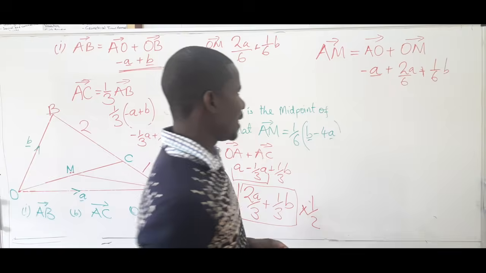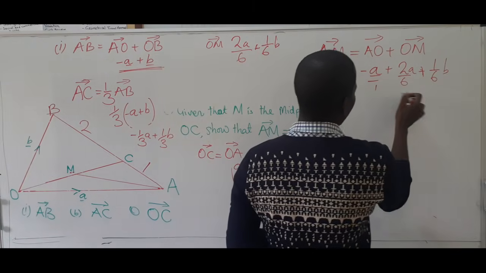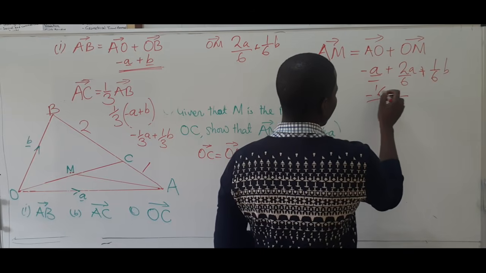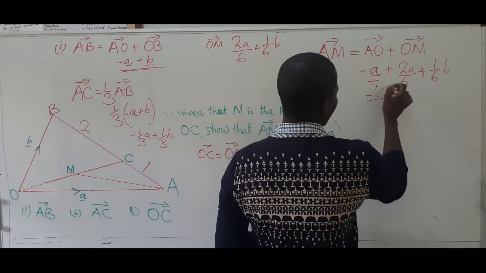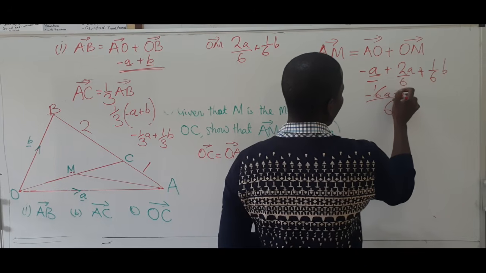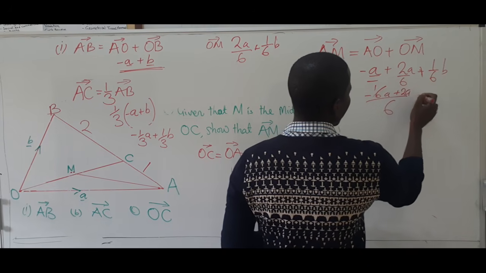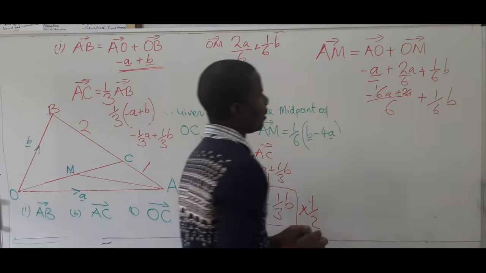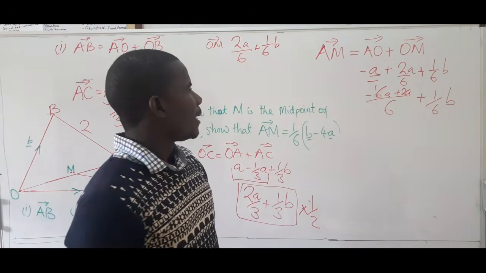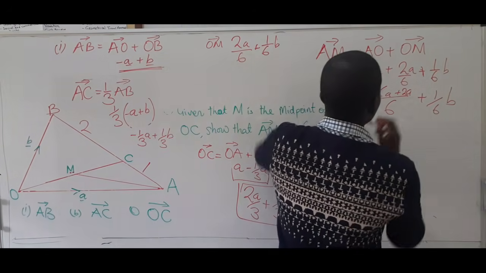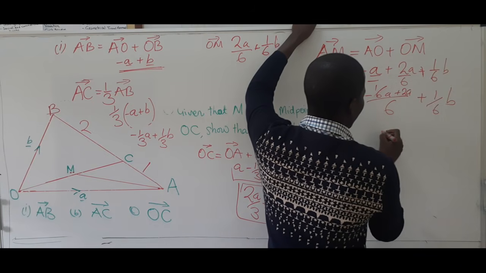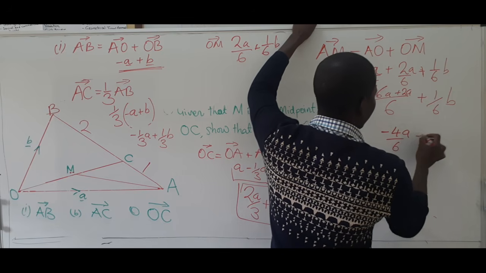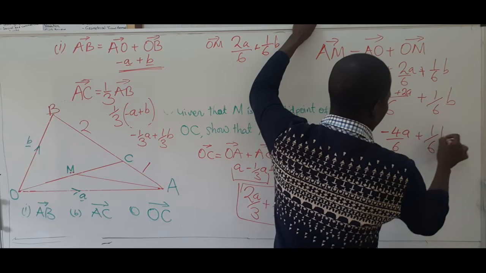We have minus 6A plus 2A plus 1 over 6B over 6. When you simplify this one, this is going to give us minus 4A over 6 plus 1 over 6B.